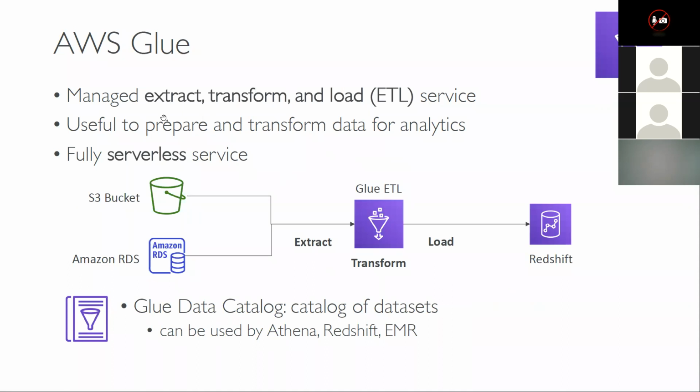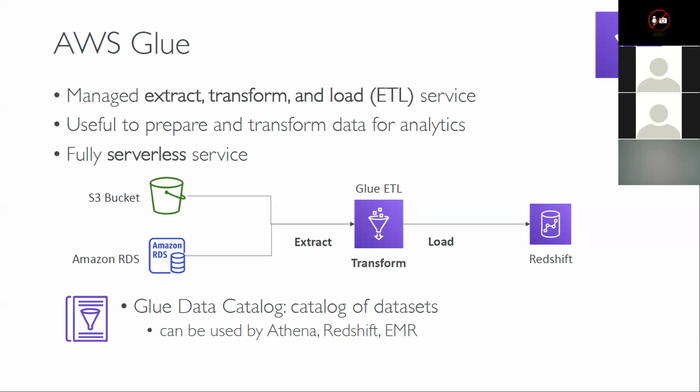Glue. It's a managed service, managed extract, transform and load, ETL. Useful to prepare and transform data for analytics. Fully serverless. So there's no server, which means you can save a lot of money and time in patching and upgrading the operating system.